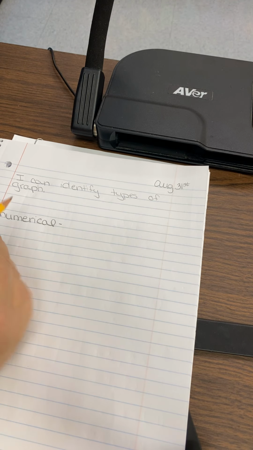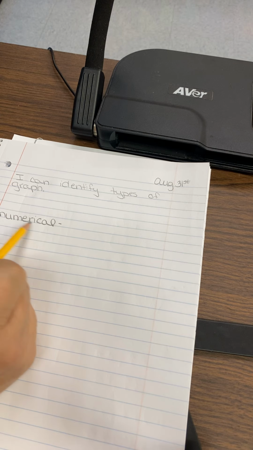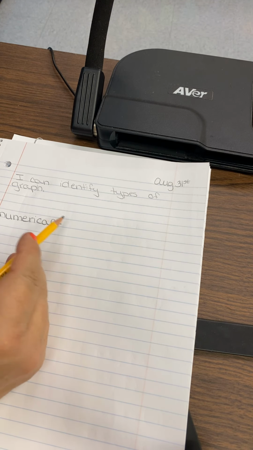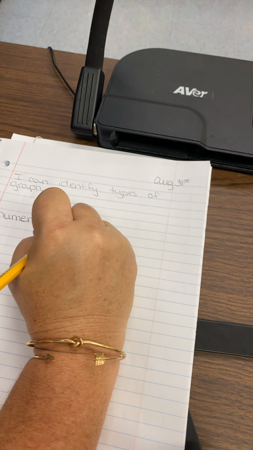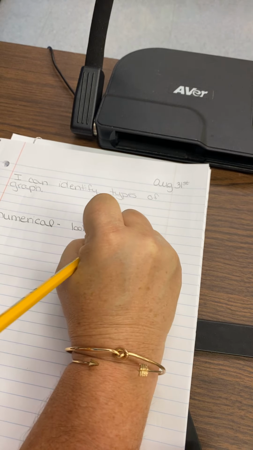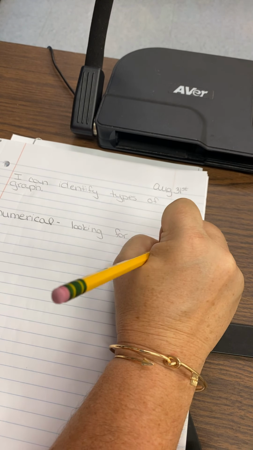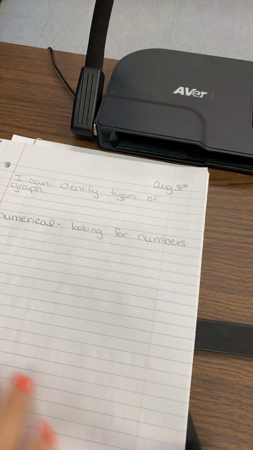Think about what this word is. Well, I just gave you the answer. Look at this word, and this word has what in it? Number, right? So you're looking for numbers. Your answer is going to be numbers. Yeah, there's numbers and there's more than one number.